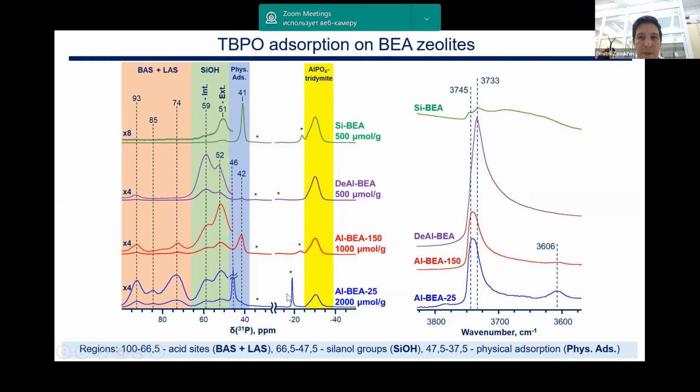Comparison of the results obtained by these two methods allows us to attribute the signal in this region to the different silanol groups, internal and external.